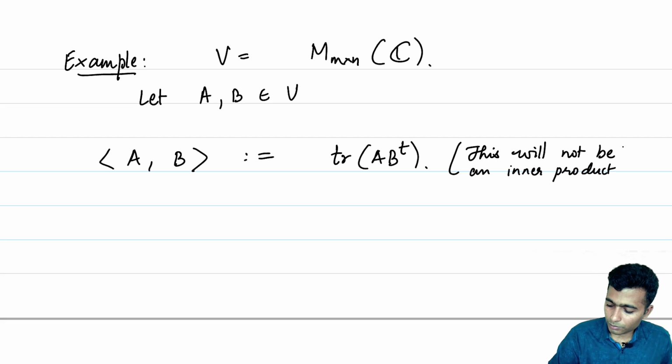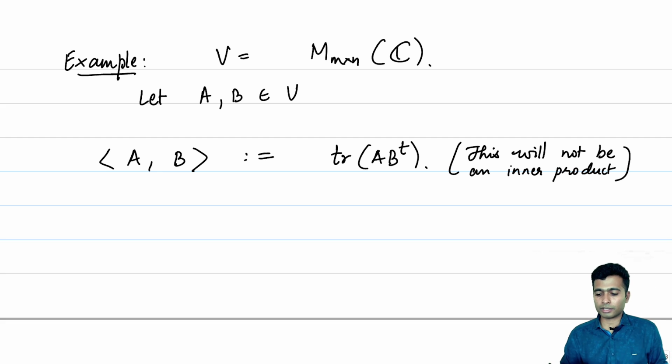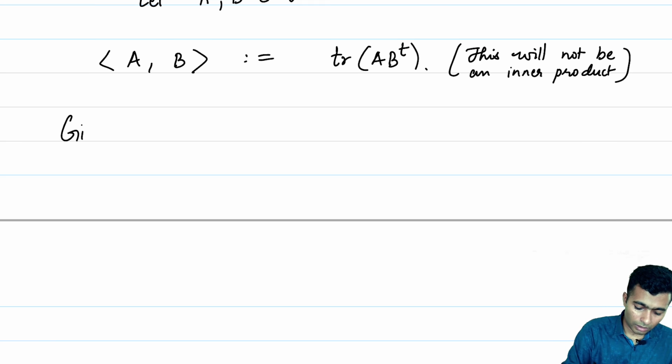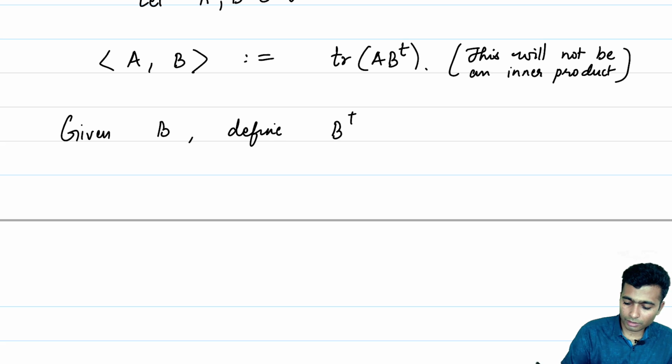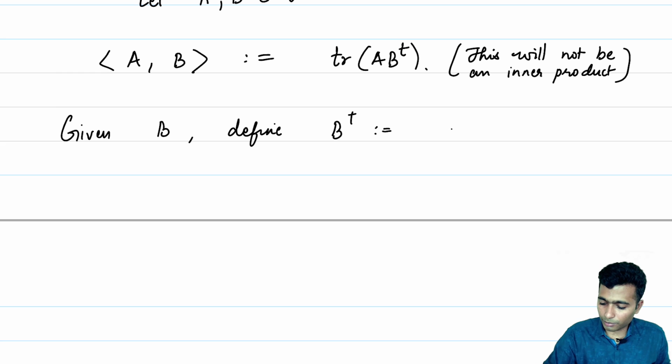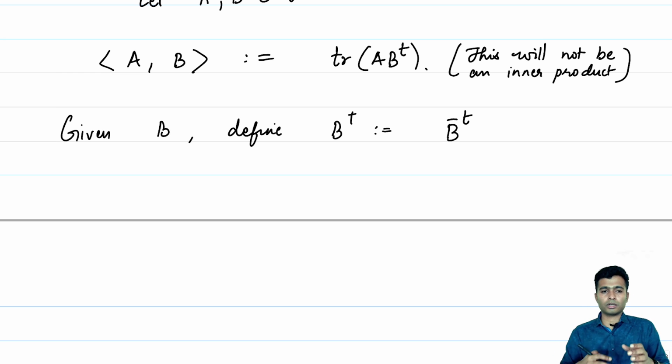So what do we do? Given a matrix B, let's define the adjoint. Given B, define the adjoint to be equal to B bar transpose, which is the conjugate of every entry, and then transpose is taken. Whichever order, it's a commutative operation.